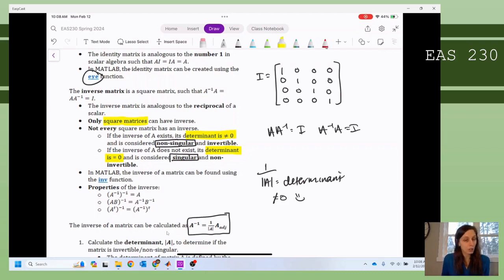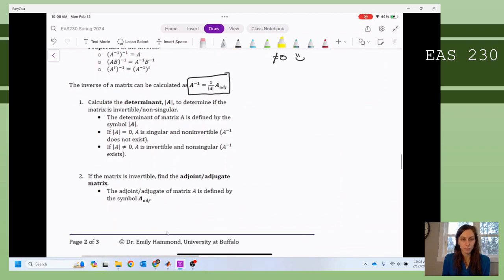If we want to calculate the inverse, we can follow these steps. First, calculate the determinant. Determine if the matrix is invertible or non-singular. For MATLAB, we can use the determinant function. And that's pretty much what we're going to go with for now until we get to linear algebra later on after spring break. So we can find the determinant. If it's equal to 0, stop. If it's not equal to 0, then we're good. Keep going.